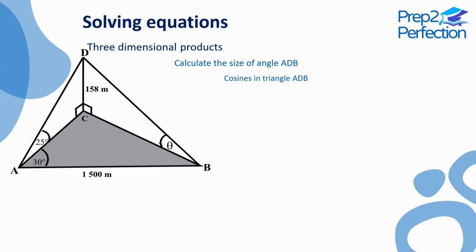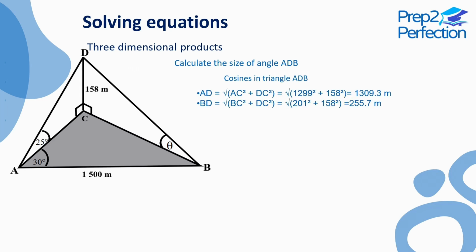To calculate the size of the angle ADB, I will use the law of cosine, but first we need to find the lengths of AD and DB. AD will give us the square root of AC squared plus DC squared, and this will equal 1,309.3 meters. BD will equal the square root of BC squared plus DC squared. This will give us 255.7 meters. Using the law of cosine, cos ADB is equal to open brackets AD squared plus BD squared minus AB squared, close brackets, over open brackets 2 times AD times BD, close brackets.